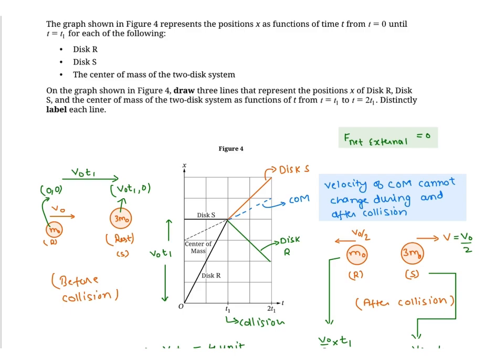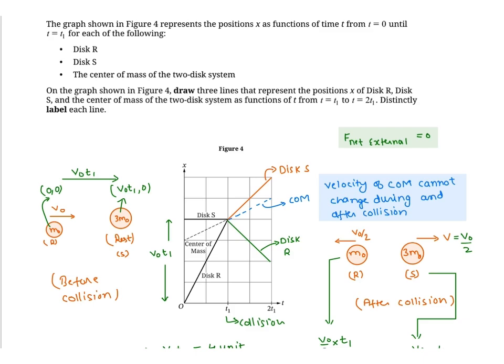So at t is equal to 0, the x coordinate of m naught was 0. So this is time t. At t is equal to 0, the x coordinate of disk r was 0. At the same time, for this 3m naught, the x coordinate was given to be v naught t1.